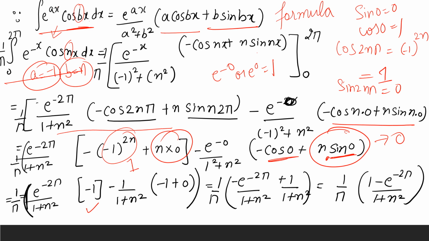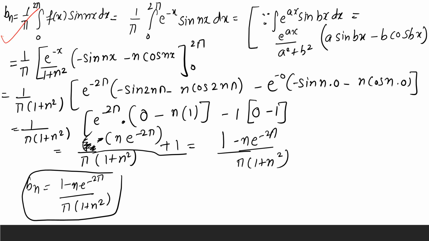Now when we solve this whole term, we get 1/π (−e^(-2π) + 1)/(1 + n²). We take the positive term first: (1 − e^(-2π))/(1 + n²) times 1/π. This is the value of a_n.